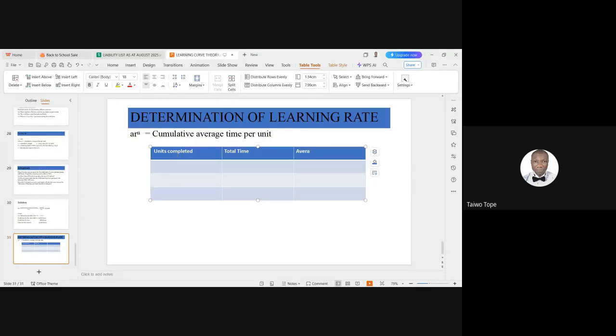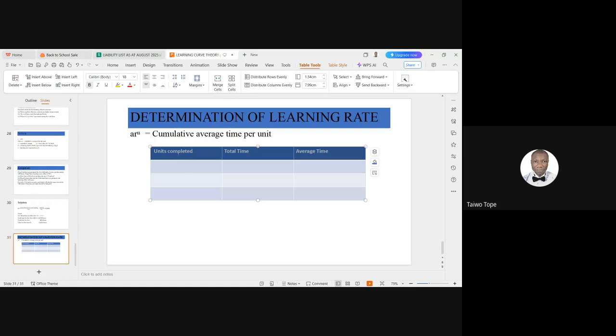There's a difference between total time and average time, and once we are given a question, we must be able to differentiate between the two. Now, in most questions, they will not give you the total time, but you can get the total time once you have the average time.